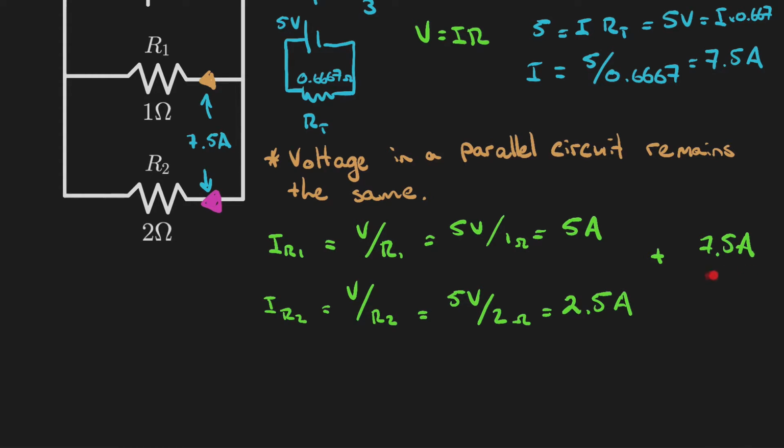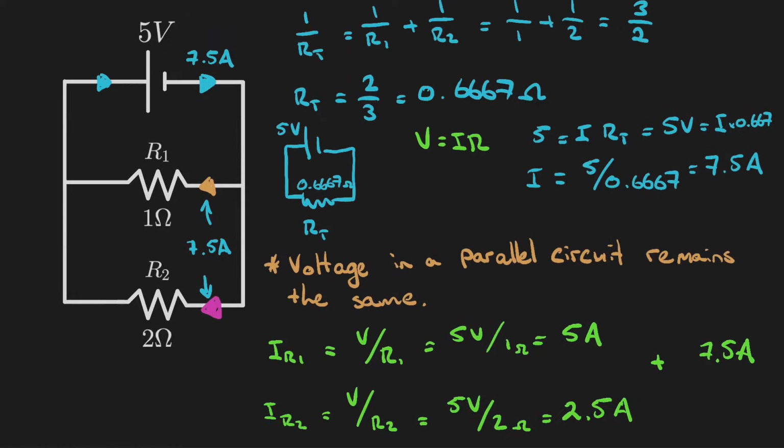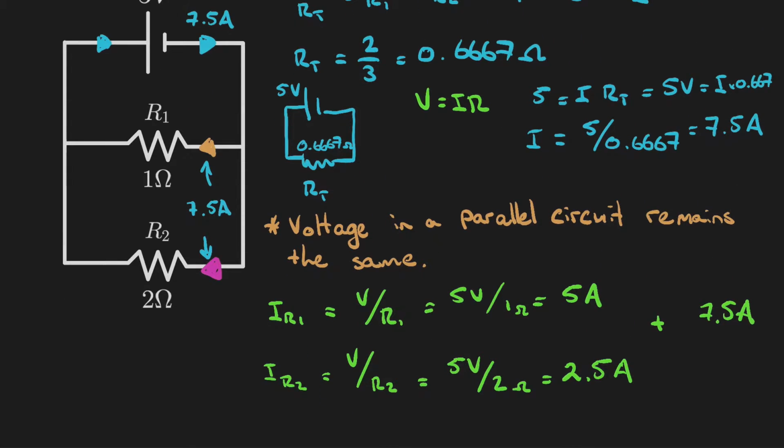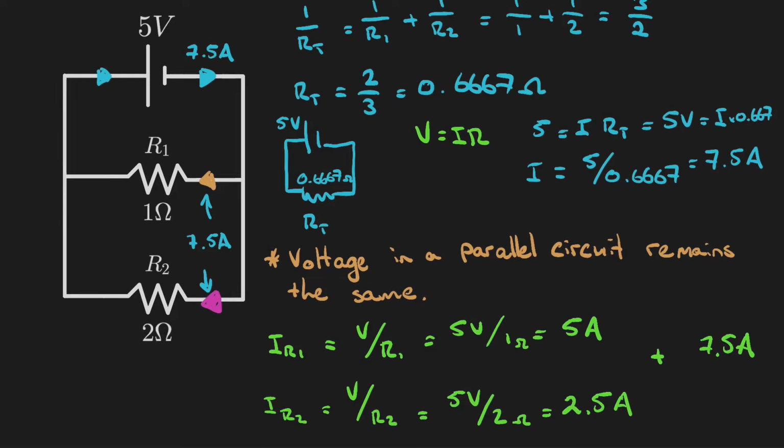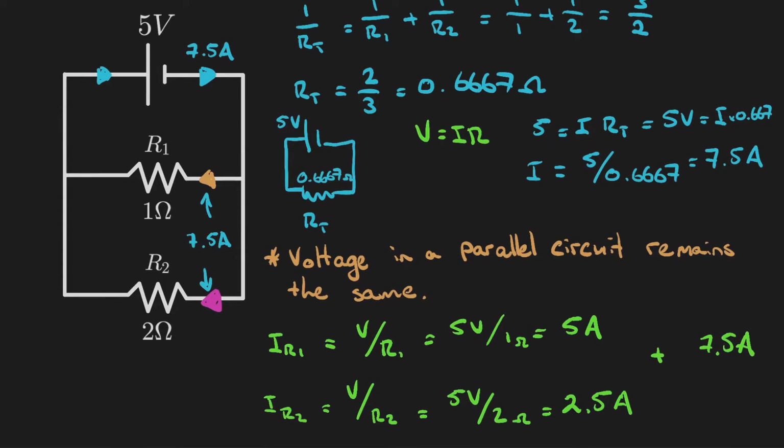So we know we're right, because the sum of our currents in each of our branches equals 7.5 amps. Okay? And that's as simple as it gets. Alright, so now you've calculated the overall current. Okay? And you've also calculated the current in this branch and the current in this branch, knowing that the voltage remains the same.